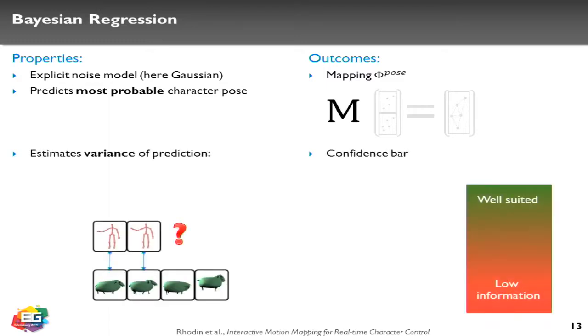Also, it provides a good estimate of the variance of the prediction. If the prediction has a very small variance, the prediction is good. However, if the variance is very large, it means the input is far from the existing input motions. So they use this variance to provide a confidence bar showing whether the new mapping is good or not.